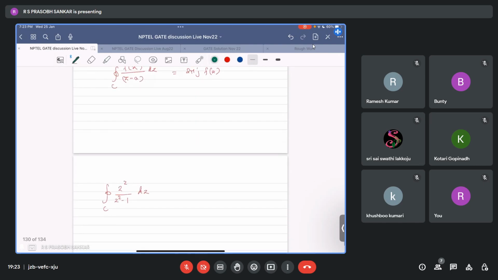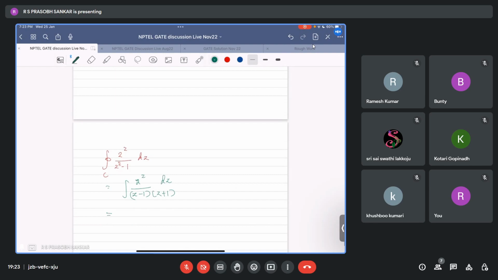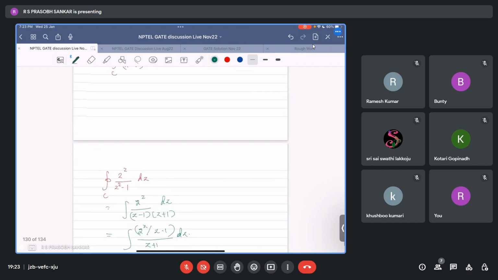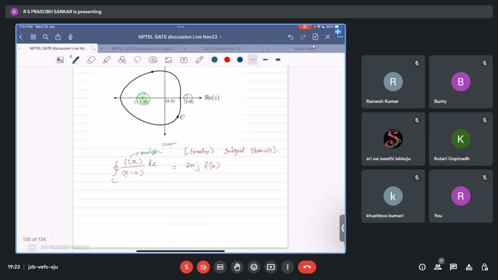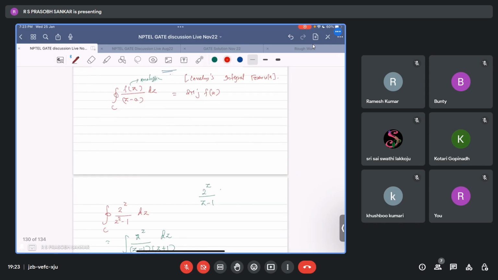So I can write the function like this: integration of 2 raised to z by z minus 1 into z plus 1 dz, or I can write it as integration of 2 raised to z by z minus 1 whole by z plus 1 dz. Now if you see the numerator here, 2 raised to z by z minus 1, this function is analytic. Why analytic?